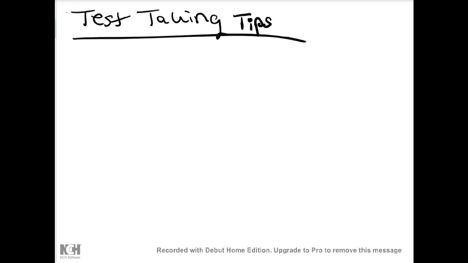So my first tip is going to be: read the question and then come up with your own answer. That's my abbreviation for answer. I'm going to circle all my abbreviations just in case there are any new people, to let them know.